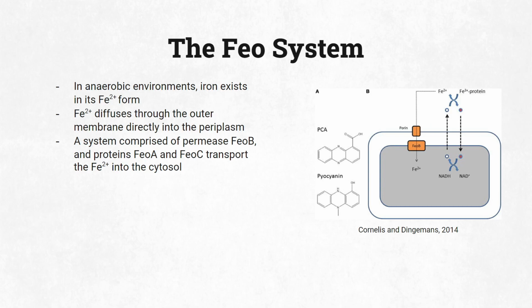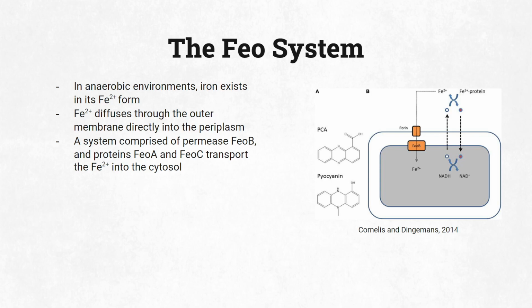It is used to bring 2+ iron into the cell when it is present. So if there is an overabundance of 3+ iron and it wants 2+ iron to use, it can release these molecules to reduce that iron and keep the cycle flowing. So those are some mechanisms that are common in gram-negative bacteria.